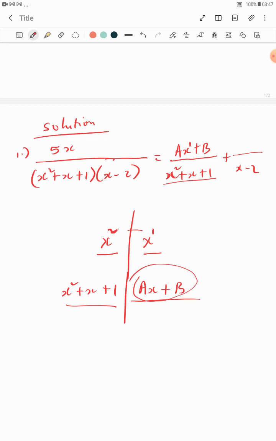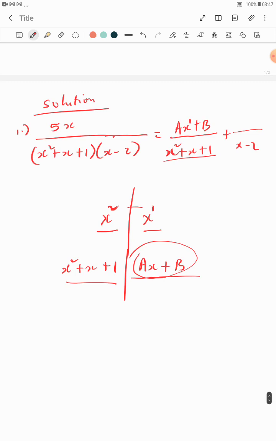I'm saying this because you may have a polynomial in the denominator, maybe x raised to power 3. Then the numerator must be in the form ax squared plus bx plus c.